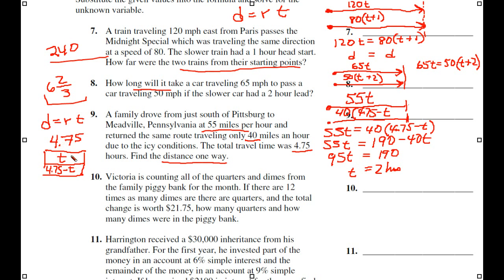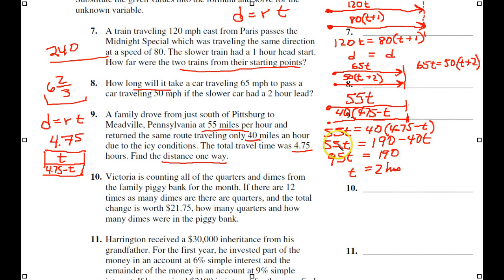And then the marvel of algebra is this is the other part. So we didn't know how to divide this up or what portion. The algebra does it for you. So our equation is 55t equals that. I multiply 40 times this, I get 190. 40 times this is a negative 40t.